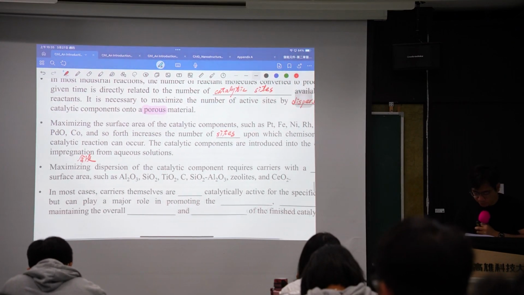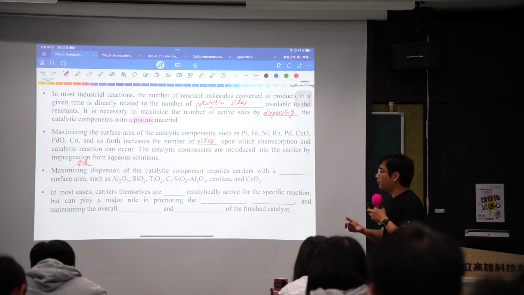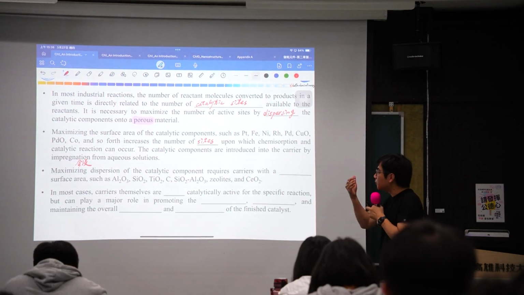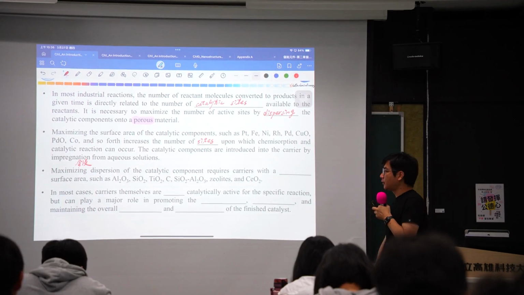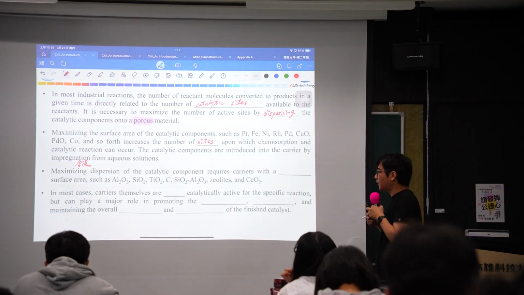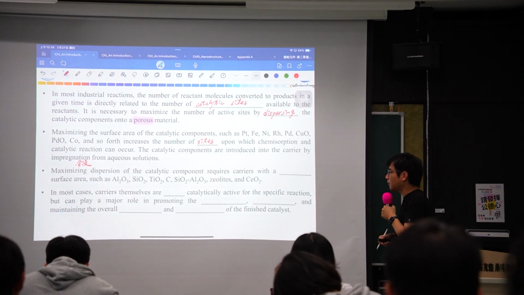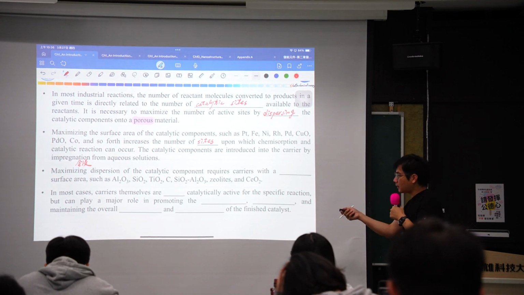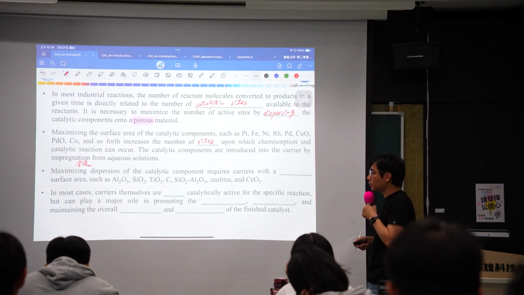So you have platinum ion, you dissolve it into water, aqueous solution. Okay, when you put the carrier and carbon, you mix it together. And that process is called impregnation. Okay, but that process you can take a catalyst.